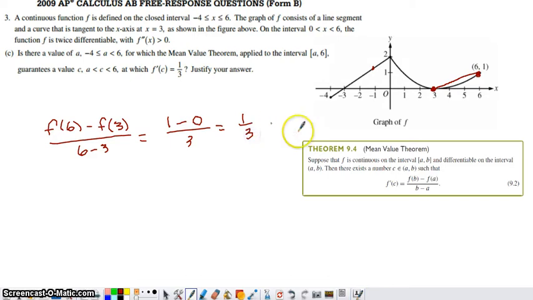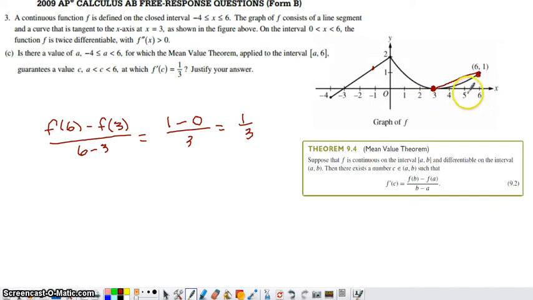So we kind of luck into this result by checking the one point on the graph that we knew the y value of for the positive portion of the x-axis, other than at the end of the graph at 6. And so we do have a function f that is continuous from 3 to 6, and it is differentiable from 3 to 6.